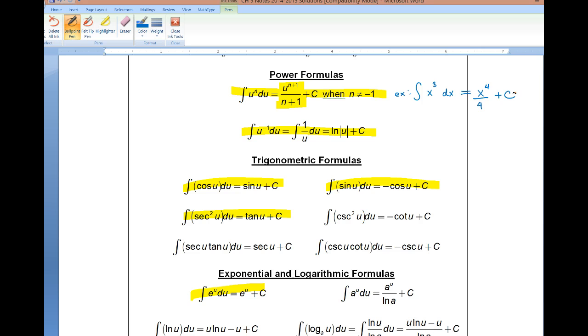What if you had x to the 1/2? It becomes x to the 3 halves over 3 halves, which would actually be 2/3 x to the 3 halves. What if you had x to the negative 3 power? It would be x to the negative 2 over negative 2, plus C.